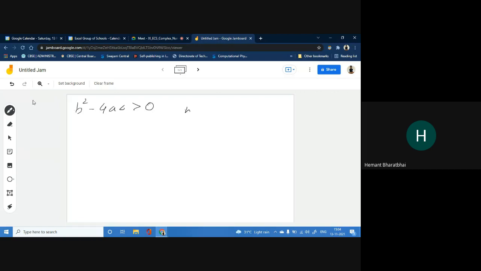Now, what if this number b square minus 4ac is less than 0? Then the roots are imaginary.